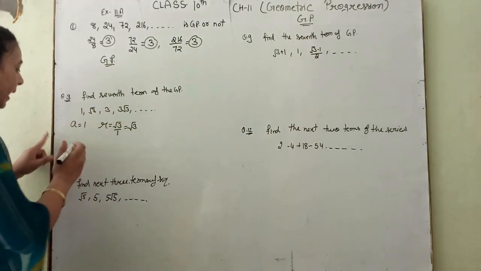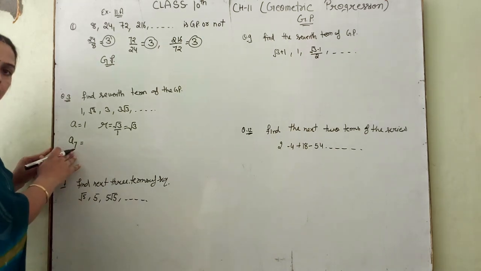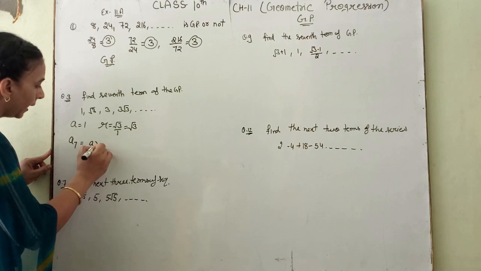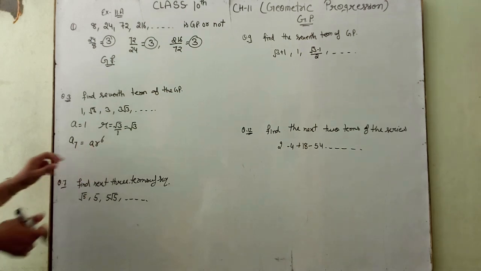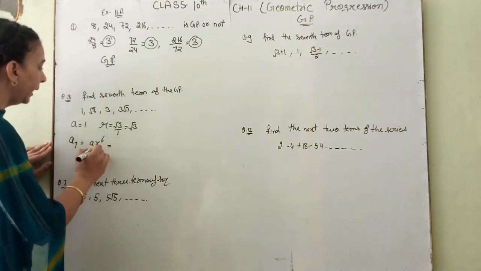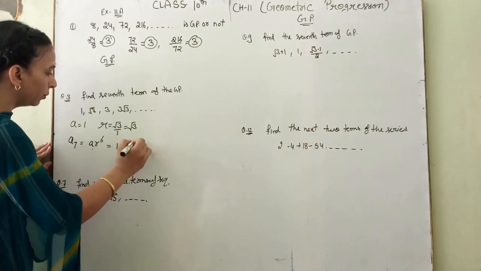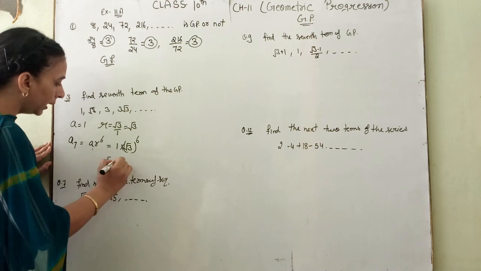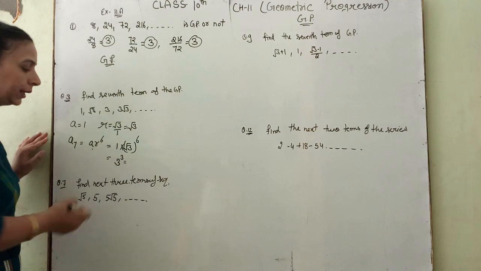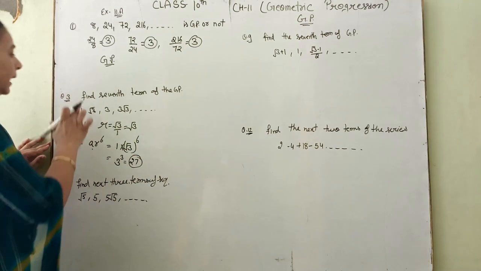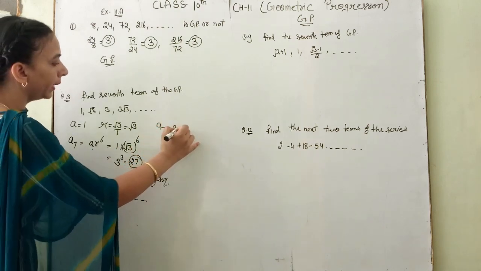The 7th term is A7, and the 7th term of GP is A R raised to the power 6. This equals 1 into root 3 raised to the power 6, which equals 3 raised to the power 3, that is 3 multiplied by 3 multiplied by 3. This equals 27. So the 7th term of this GP is 27.